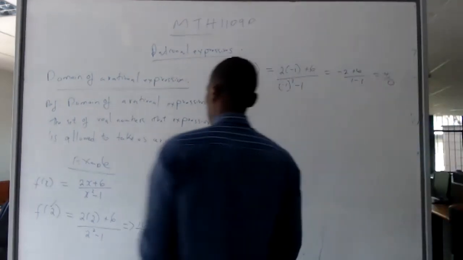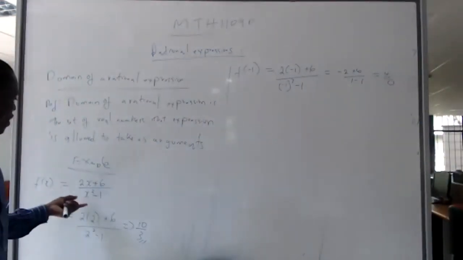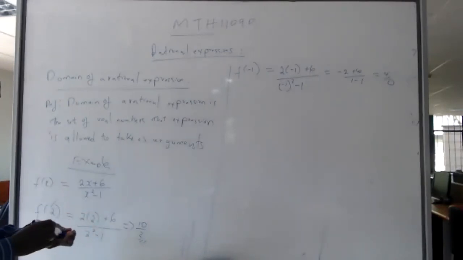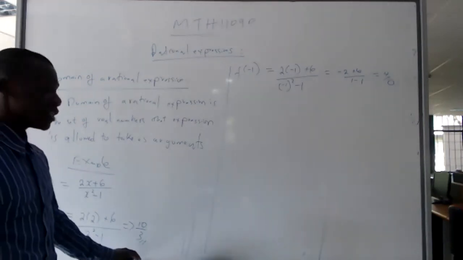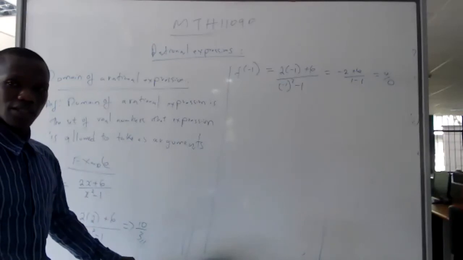So I have a question. If you divide 10 by 3, it is recurring. So is it finite or infinite? There's no problem. It is recurring, but it's a finite number.